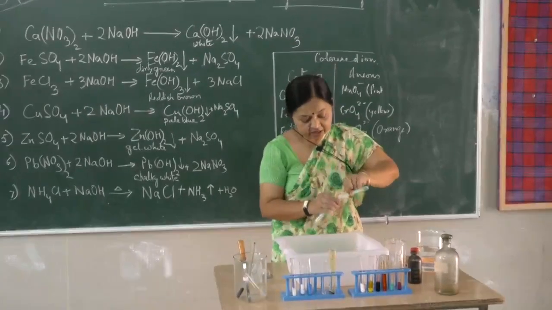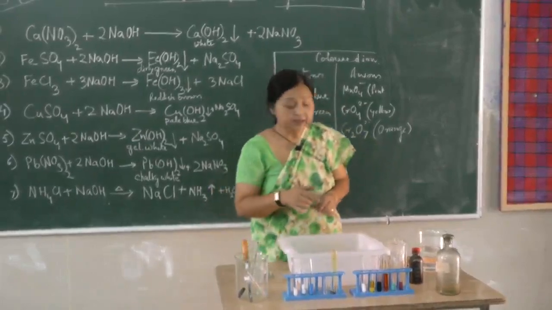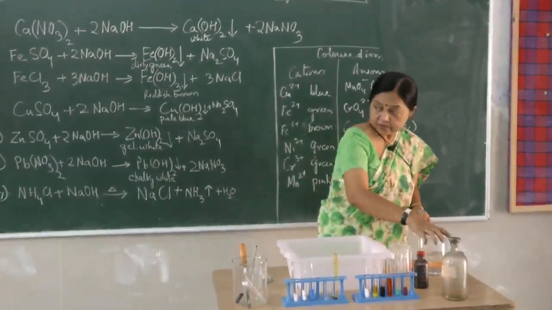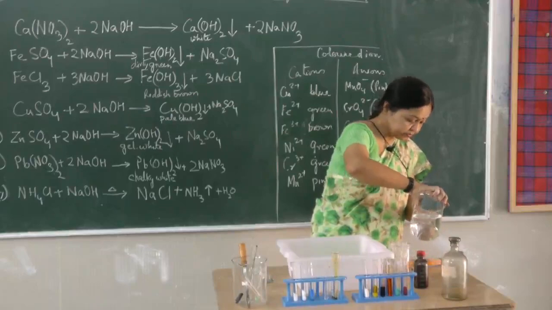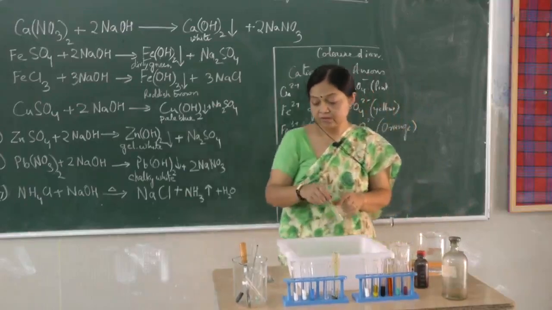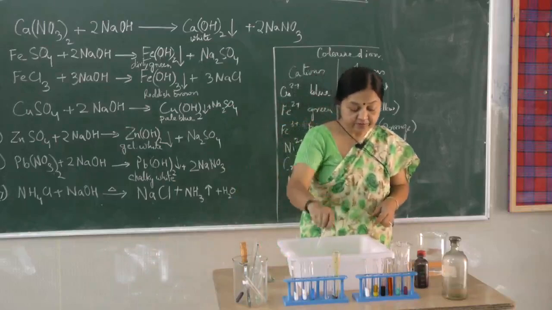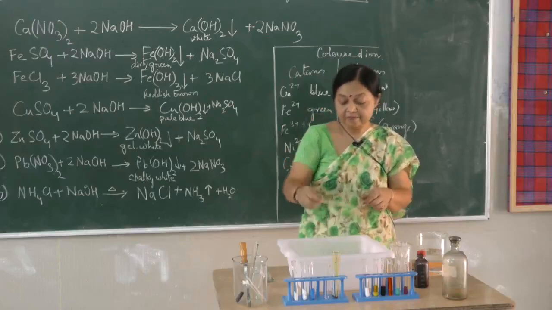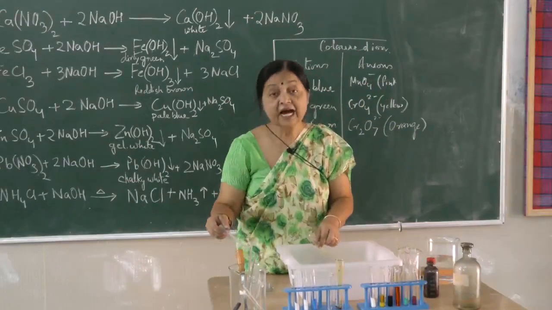Any ionic reactions take place only when the ions are dissociated in solution. So let's dissolve this ferrous sulfate properly. And to this ferrous sulfate, which is iron 2, we add NaOH.